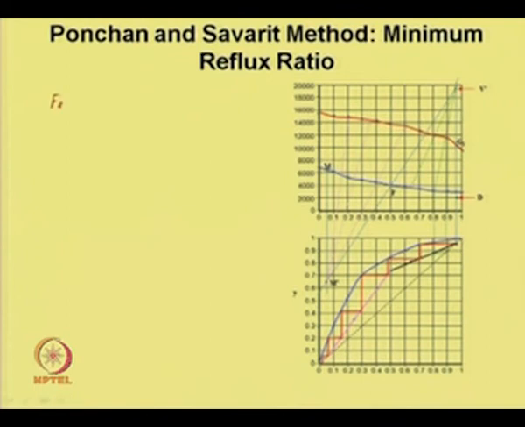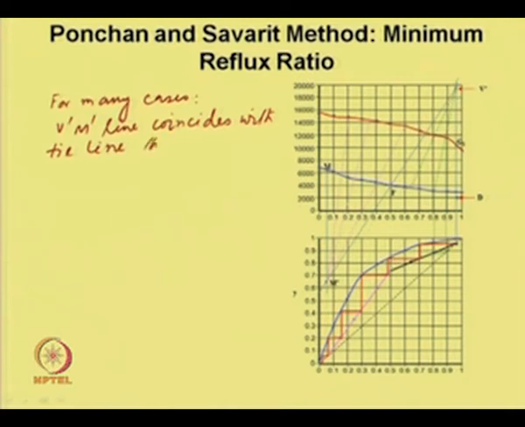So, in many cases the V dash M dash line coincides with the tie line through the feed point.